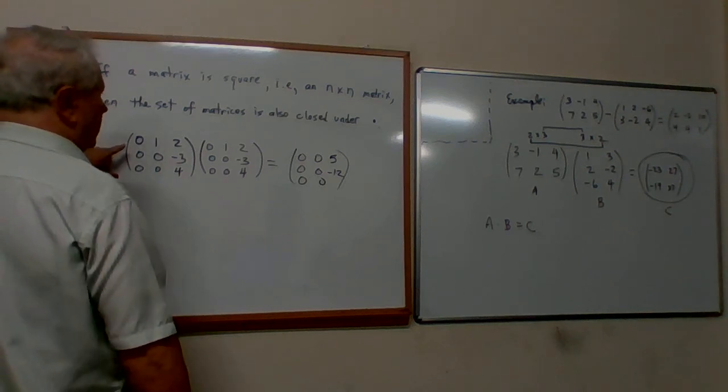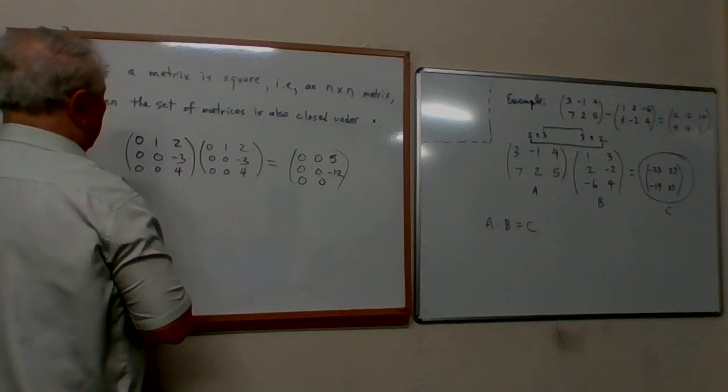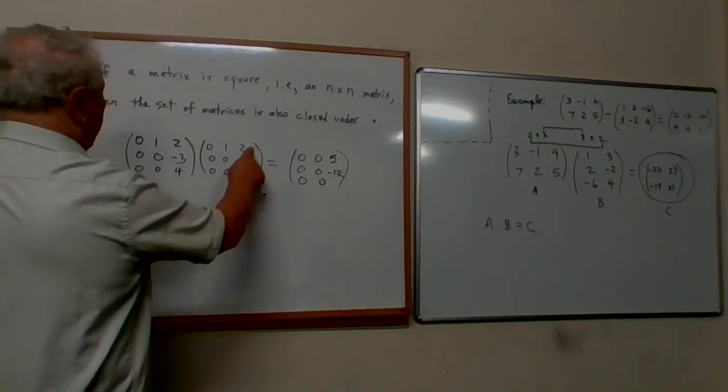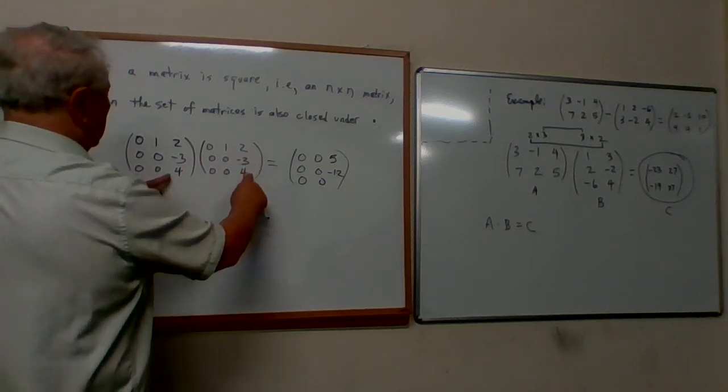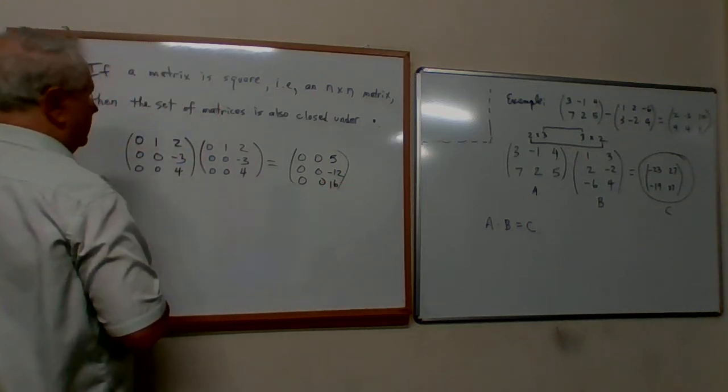Let's see, where was I? Right here. And finally, I get 0, 0, 16 down here.